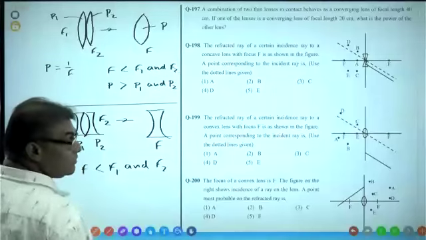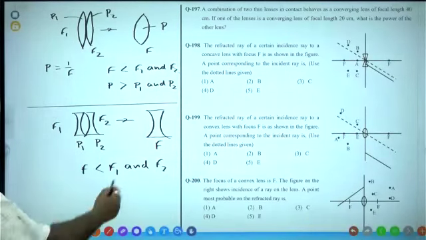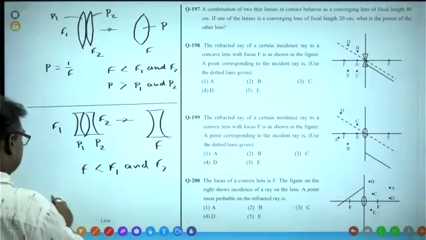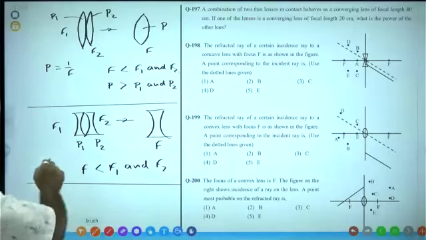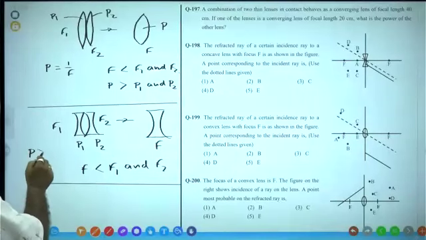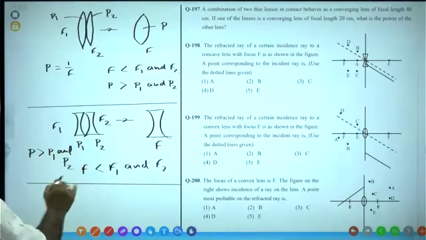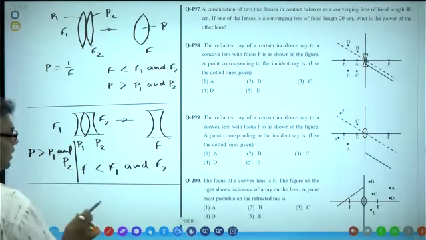Whichever is the minimum one, the resultant should be smaller than the minimum focal length out of the given two, right? Then third thing, as same as the power, the resulting power P should be larger than P1 and P2, done.